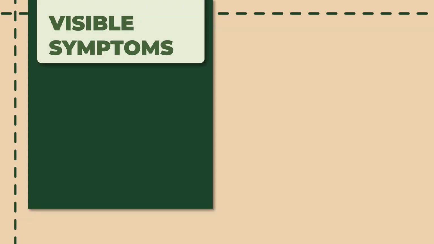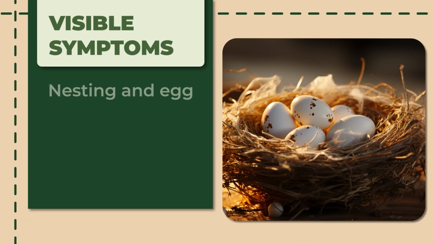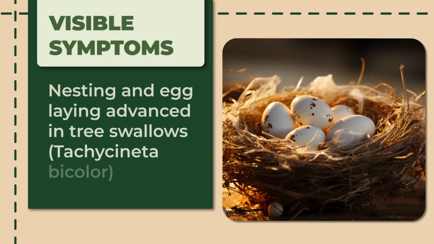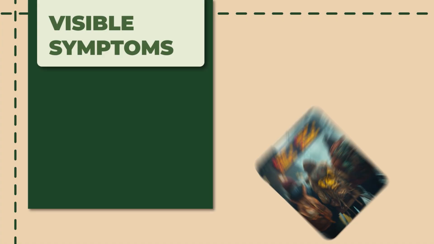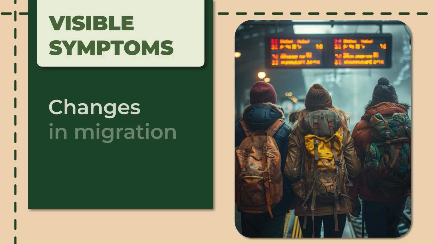The second important example as far as phenology of plants and animal behavior is concerned is the nesting and egg laying behavior of tree swallows, which has been severely disrupted because of climate change. Third important thing is that even the migration pattern, which has a time scale, has also been disrupted because of climate change.